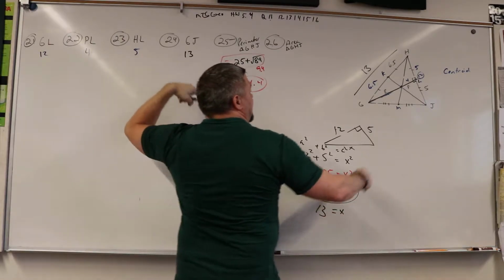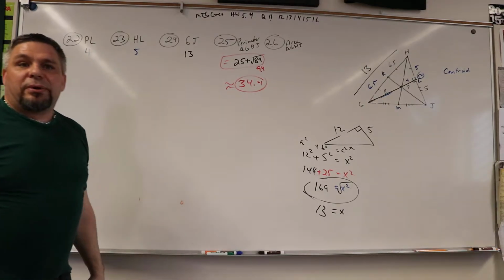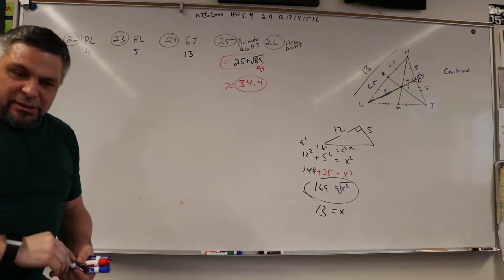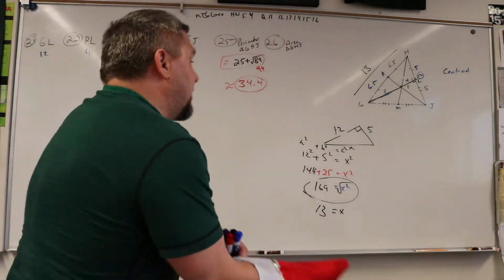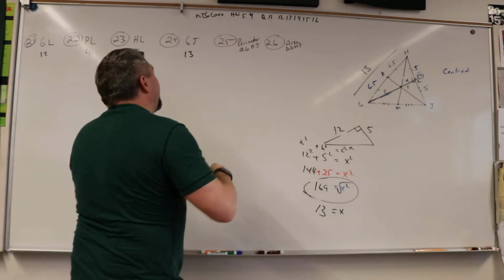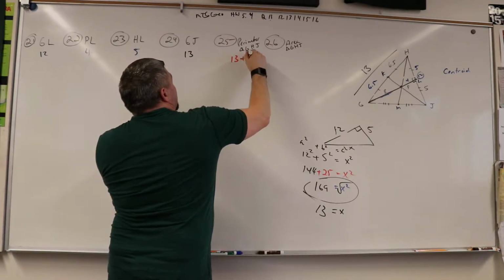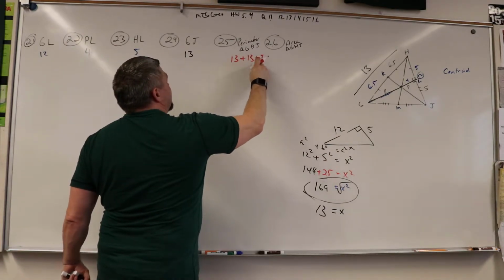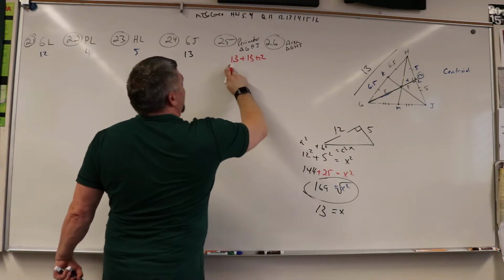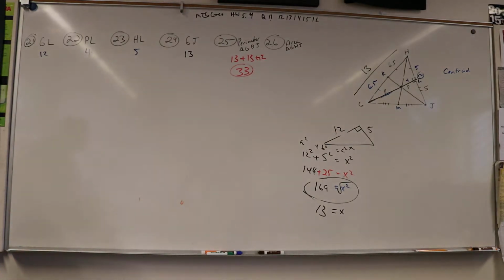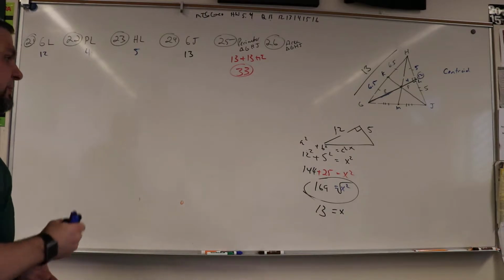So 13, 13, and 12, right? So what we have is the perimeter is actually 13 plus 13 plus 12. Sorry about that. 13 plus 13 plus 12. So that's 25. So that's 38. Okay? And then, did we do that right?